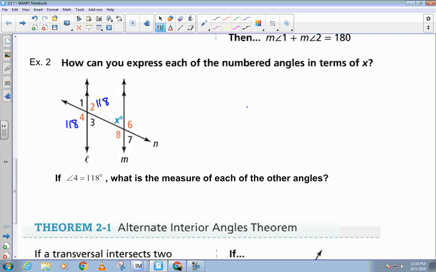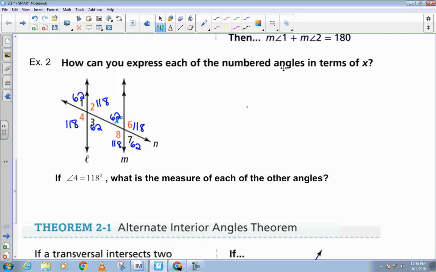So that'd be 180 minus that, which means angle 3 would be 62. What about x here? 62, because these have to be supplementary. X and 2 have to be supplementary. What about 7? 62. What about 6? 118, and 8, 118. Our postulate told us that our same side interior angles were supplementary.